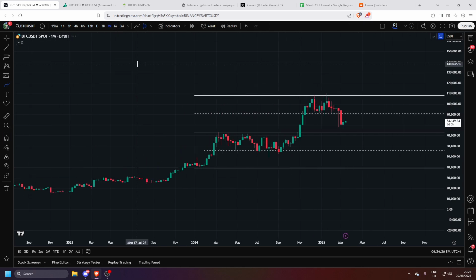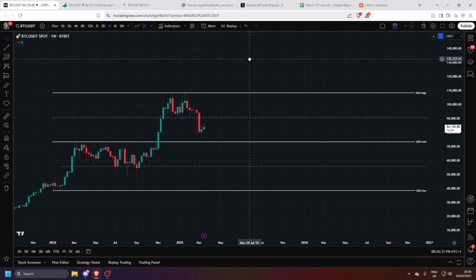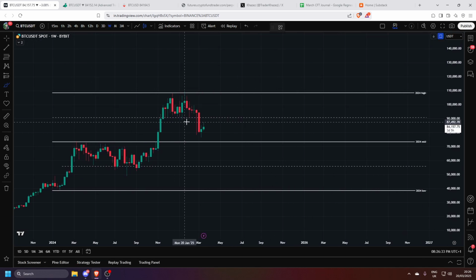Let's zoom a bit more in here. Let's go on the weekly chart. So we got our weekly here. As you see, price was above the quarterly mid range, which is 90.9K. We're above this level, which is a very important level to us, right? This is a really clean looking SR level.